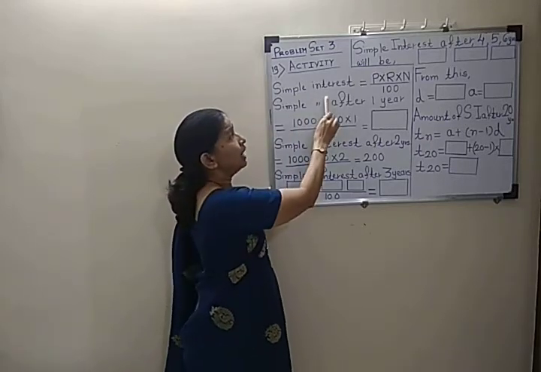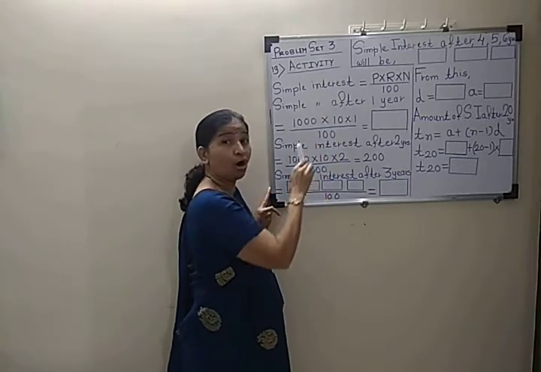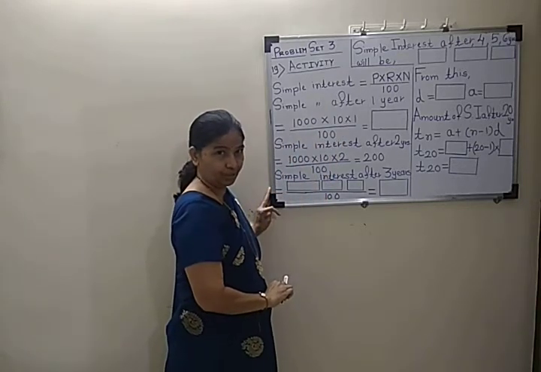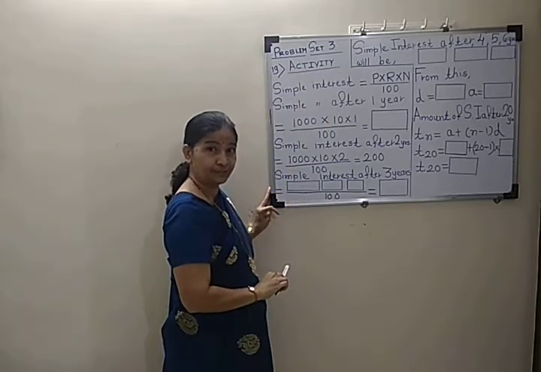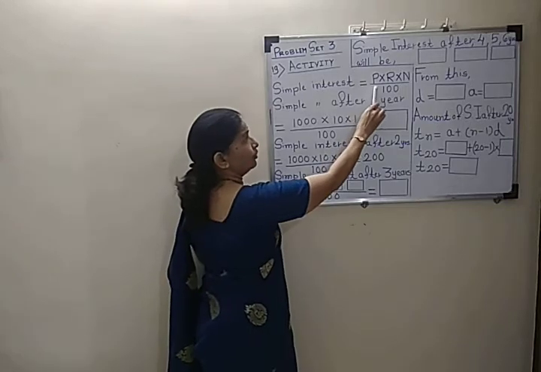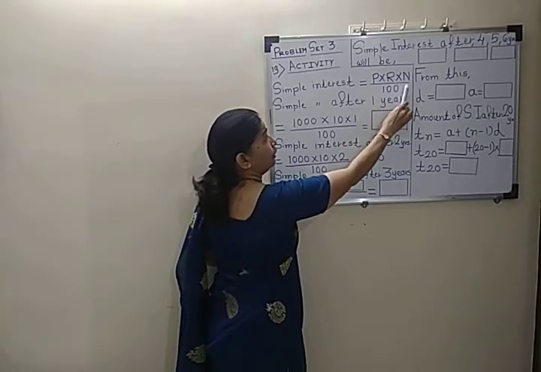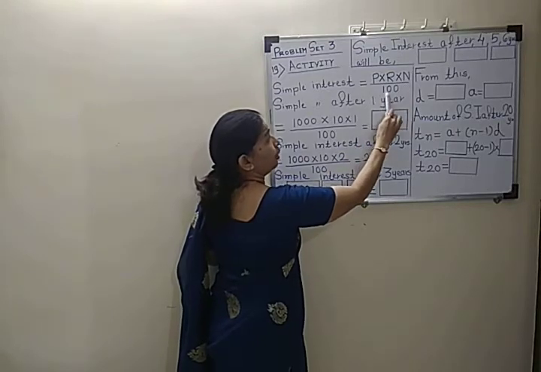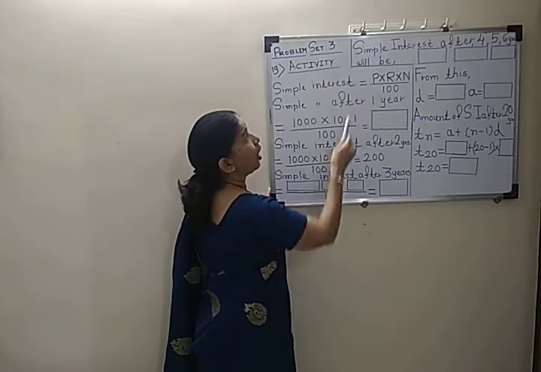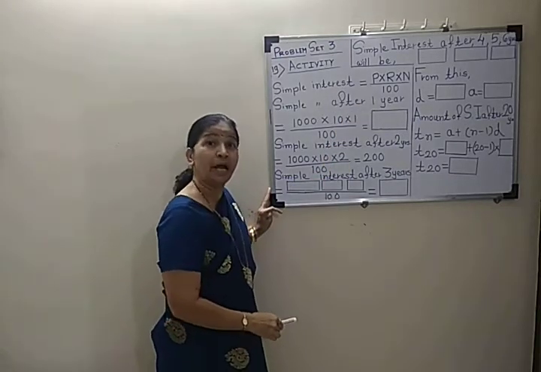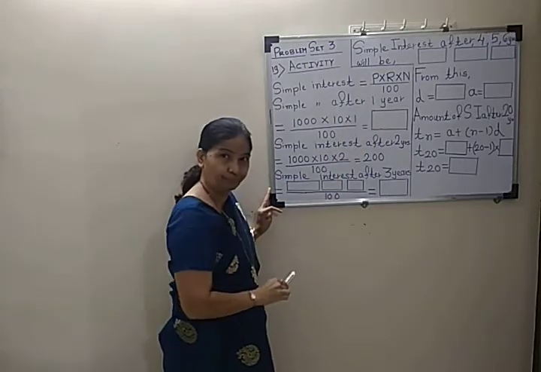This formula we have learned right from 7th standard. The formula for simple interest is equal to P into R into N upon 100, where P stands for the principal amount, which is 1000 here.